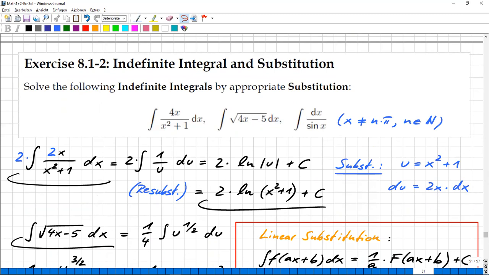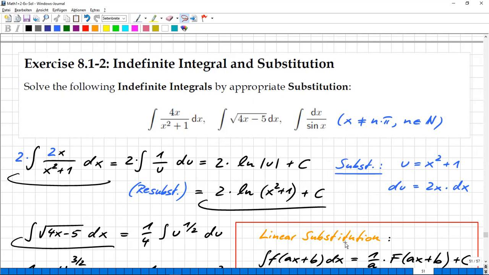So that was rather standard. The next one is even simpler, but I would like you to know that because it's so simple, it demands a so-called linear substitution, which is, you would say, the simplest case of a substitution.